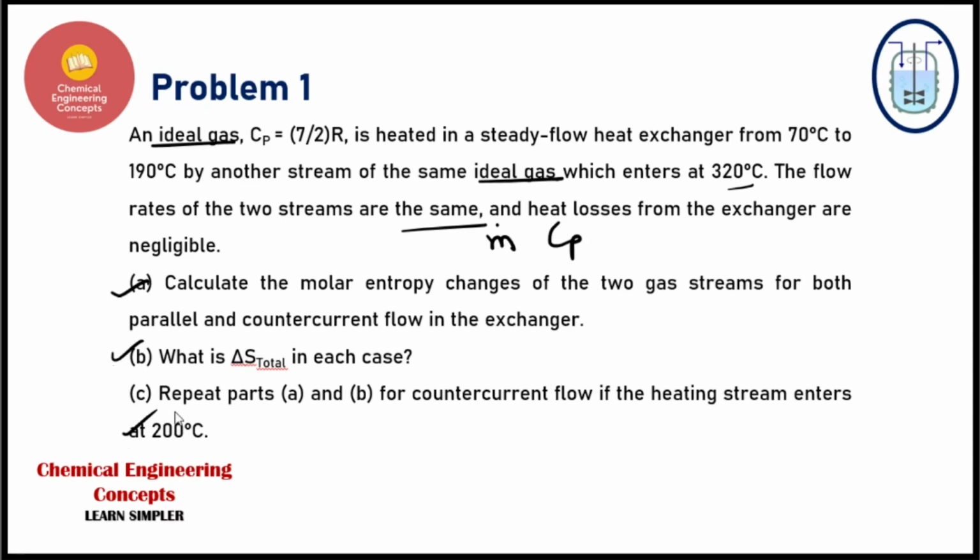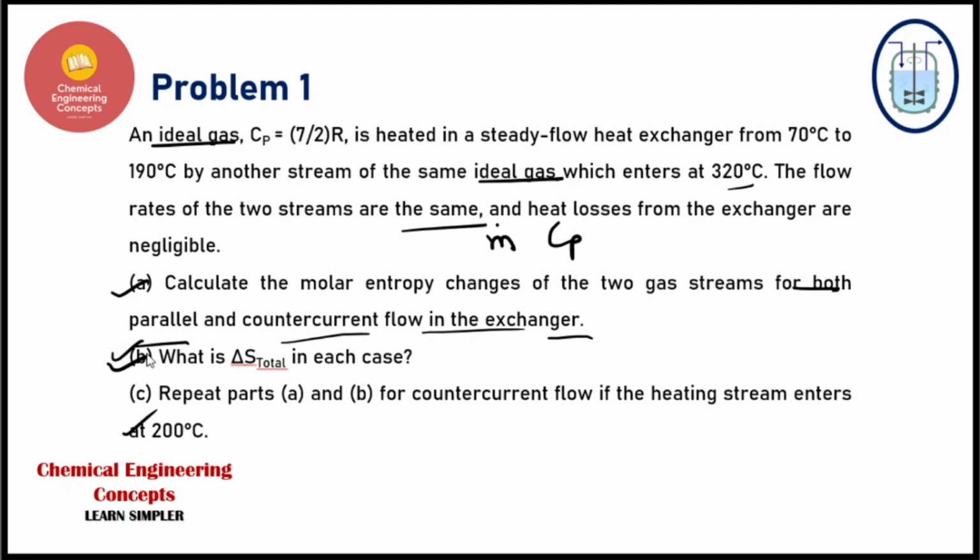The first part says that we have to calculate the molar entropy changes of the two gas streams for both the parallel and the counter current flow in the heat exchanger. So we have to see how the molar entropy is going to change by changing the directions of the streams, from parallel to counter flow or vice versa. In the second part we have to calculate the total entropy change in each case.